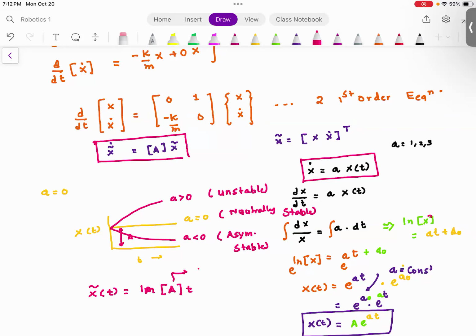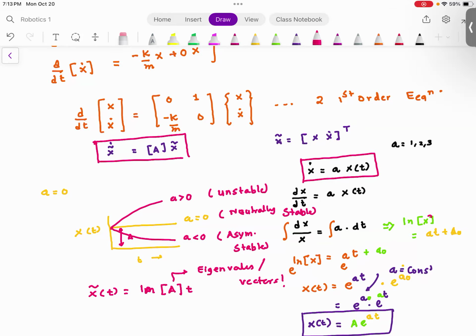However, depending upon the eigenvalues and eigenvectors, this matrix exponential may or may not exist, and there are different techniques that you can use to solve this problem.